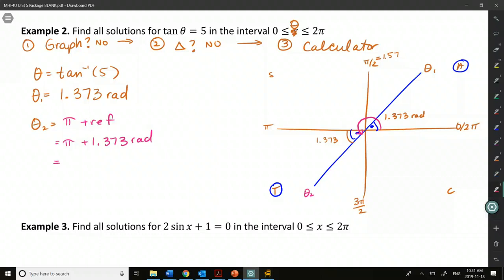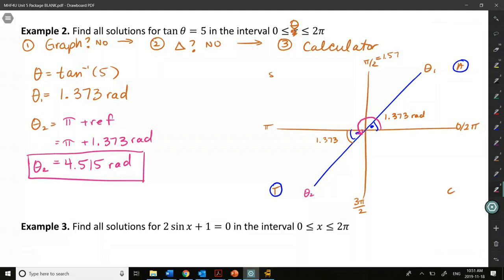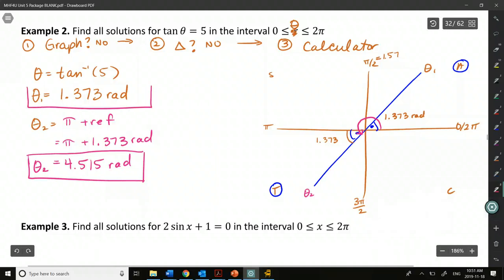That would be 4.515. Everyone else get that? Awesome. So those are our 2 answers.